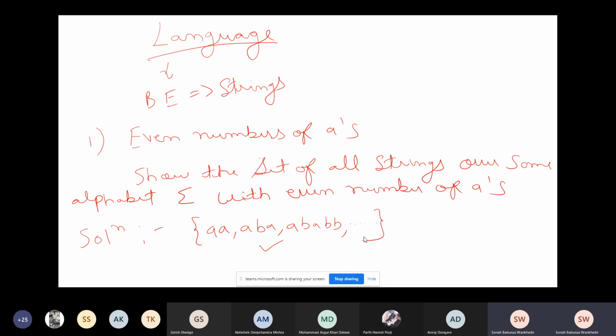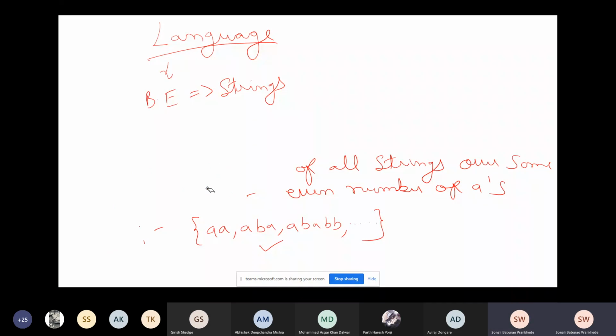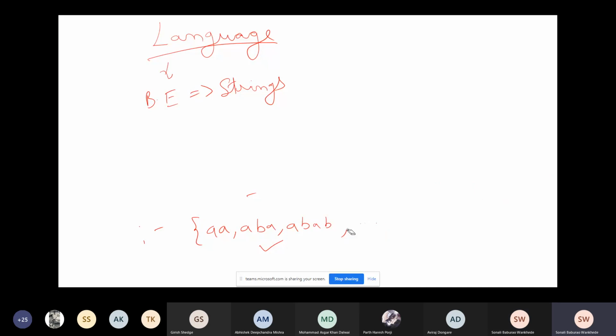Now if I give you another question, try to solve it. You have to show the set of strings. The second question is: the set of strings over some alphabet sigma with the number of A's equal to the number of B's. How will that be written?